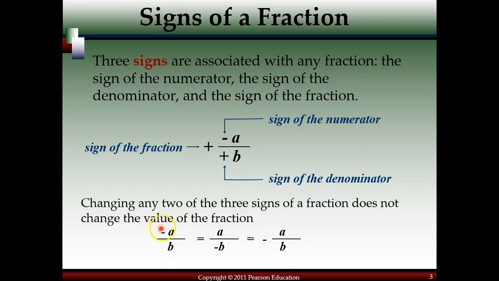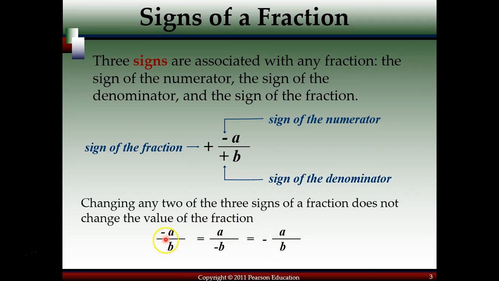Okay, so in a fraction, let's look down here. Your numerator can be negative, and your denominator can be negative. It doesn't matter where that negative happens. If you have a negative a over b, it's the same thing as a over negative b, because these two both equal negative a over b.